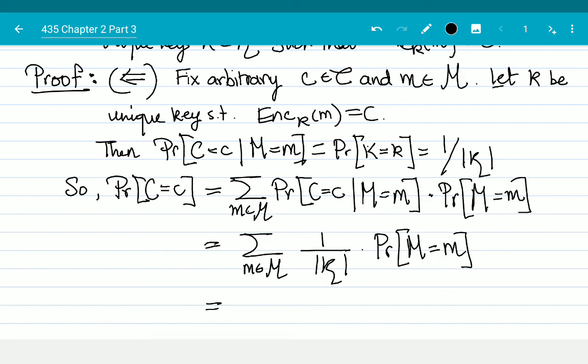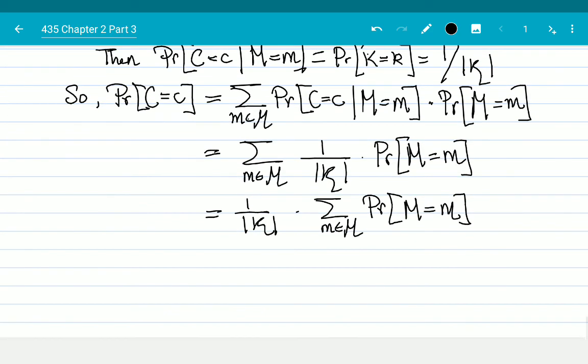Pulling the 1 over K outside, and since the message has to be one of these, the summation over everything is 1, so it is equal to 1 over K. Both of these are equal. And thus this holds for any distribution. It doesn't matter.